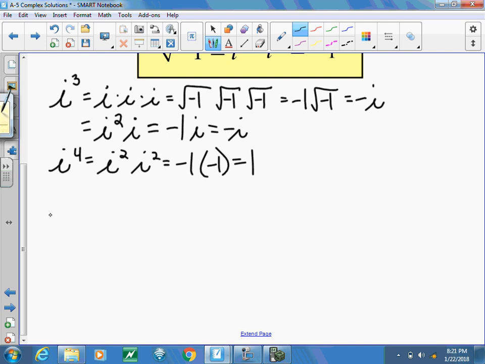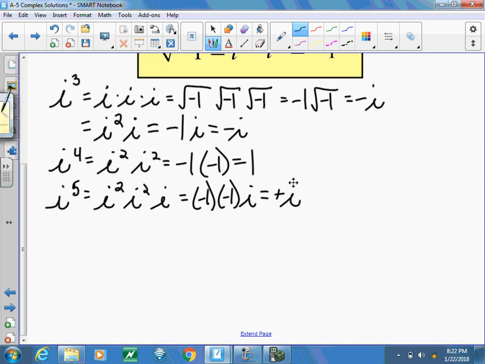If you kept doing this, and now you did i to the fifth power, you start to see a little bit of a pattern going on here. i to the fifth, we could do i squared times i squared times i. i squared is negative 1 times negative 1 times i, and that gives us a positive i.